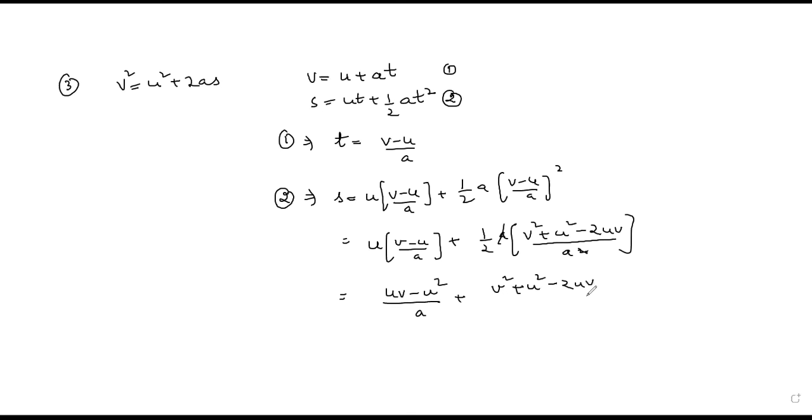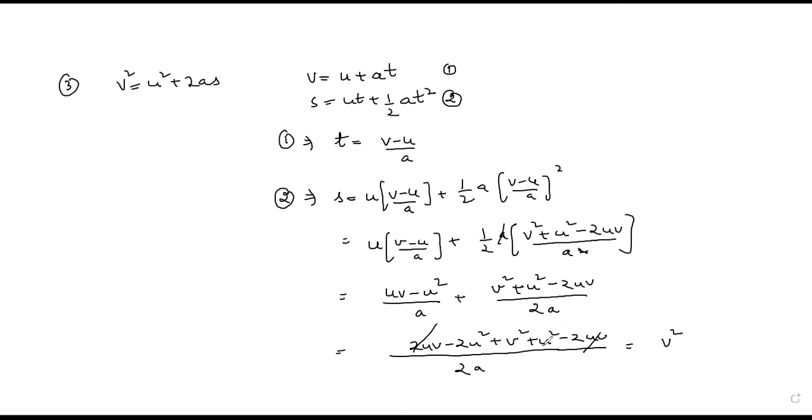This is just mathematical calculation. Then obviously you'll take the LCM, and likewise you will get these terms. You can see plus v squared plus u squared minus 2uv, and we find that this and this can be cancelled, and we are finally left with v squared.